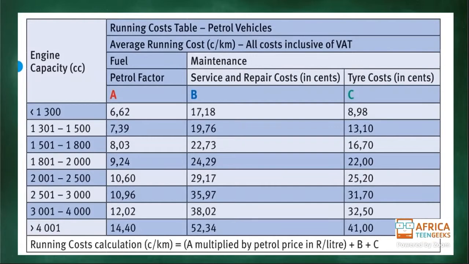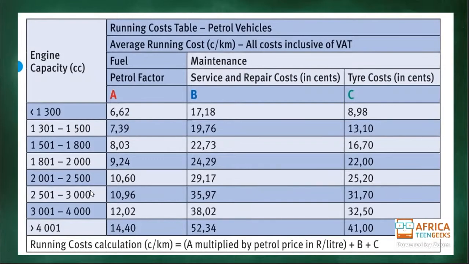I have already indicated to you that we have the engine capacity. It ranges from, as you can see in this table, 1.3. They sometimes call it 1.3, which is 1,300. That is the capacity of the engine. In brackets, CC, you also have the ones that are between 1,301 and 1,500, and of course, you also have others.